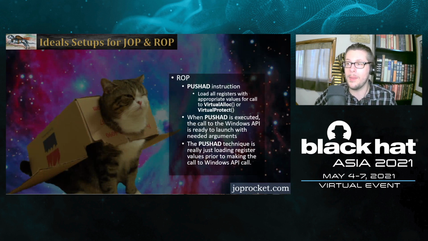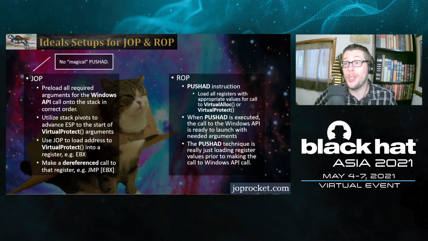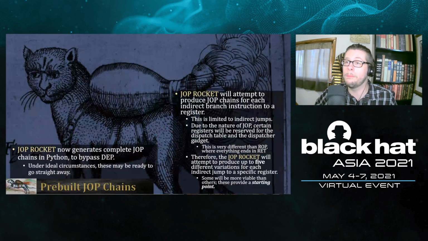We'll push them onto the stack in a very, very specific order, and then make the Win API call. With JOP, there is no magical push add instruction. But instead, we'll just take all of our parameter values in a very specific order, dump them onto the stack, and then use a series of multiple stack pivots to reach that location, and then dereference the Win API call, and from there, the rest is history.